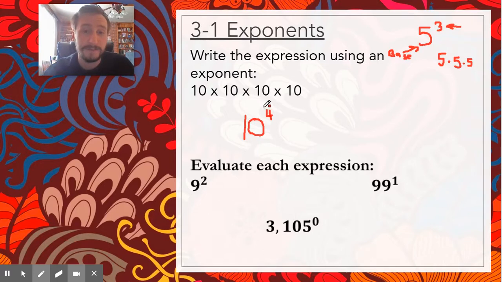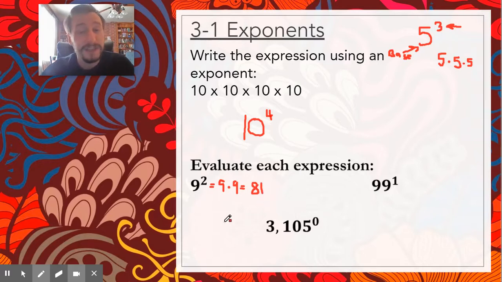And that's it. Now, in order to solve these types of problems, it says evaluate each expression. So what we want to do is look at the base and look at the exponent. 9 to the second power, or 9 squared, means 9 times 9. And then you just have to evaluate or solve it. 9 times 9 is 81.